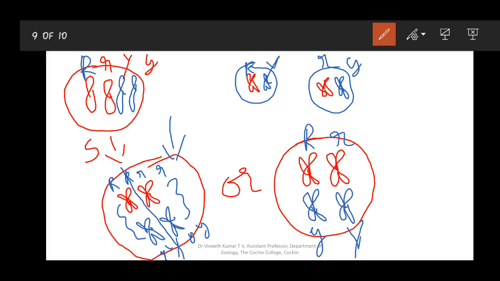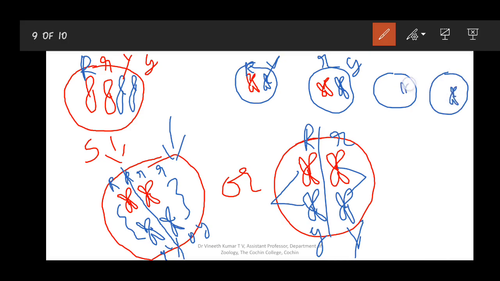So what is to be noted here is that in this particular case, you can have an alternate arrangement of chromosomes. Because of this alternate arrangement, this will be the anaphase, and you get two more types of gametes, or two more probabilities of gametes here.